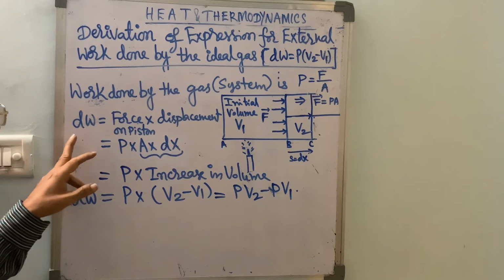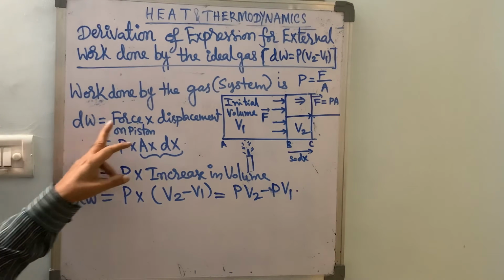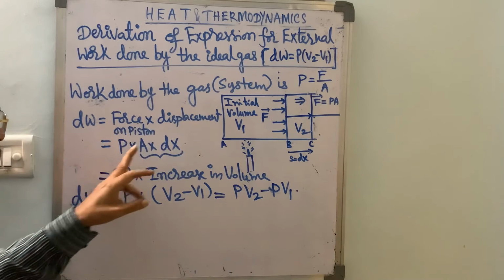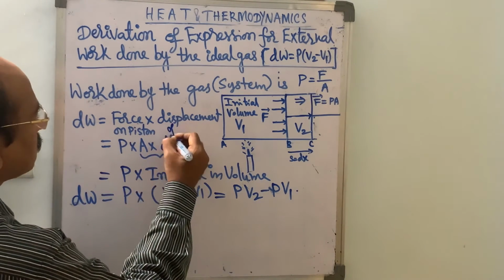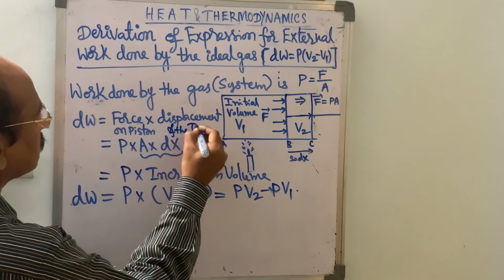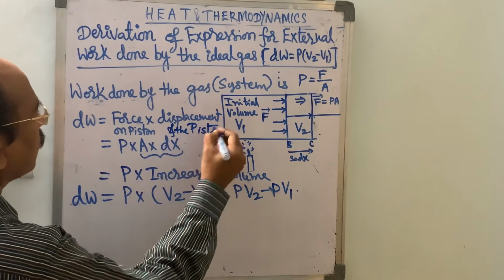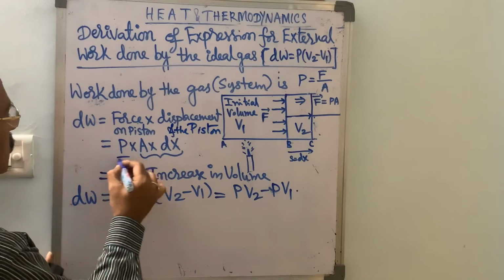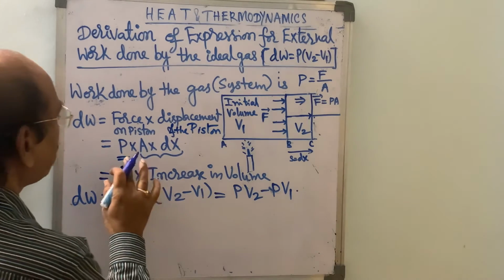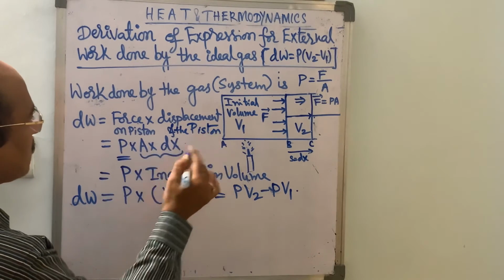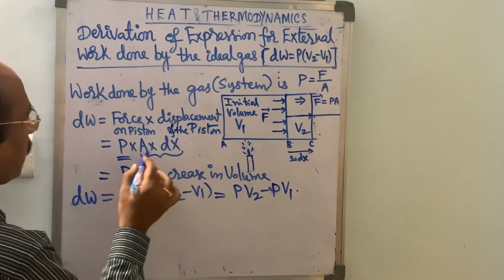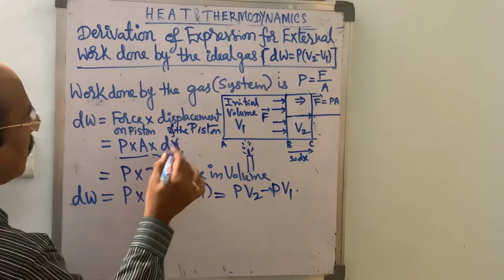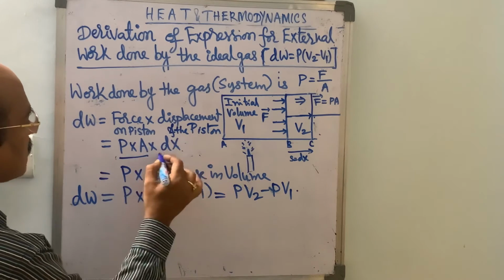So, work done by the gas or work done by the system equals force on the piston into displacement of the piston. Here F is equal to P into A, and displacement is x.